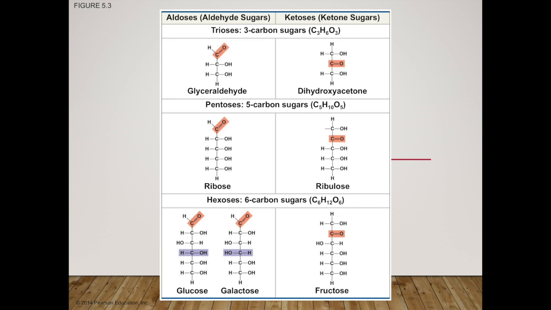So take a second and think, what does that mean? That makes them something you should know. They are isomers of each other. So same molecular formula, but a different arrangement of the covalent bonds, which tells you not only are they isomers, but they are structural isomers.